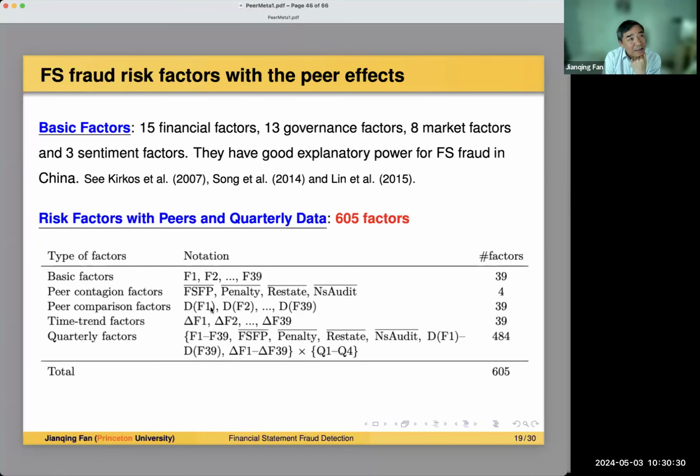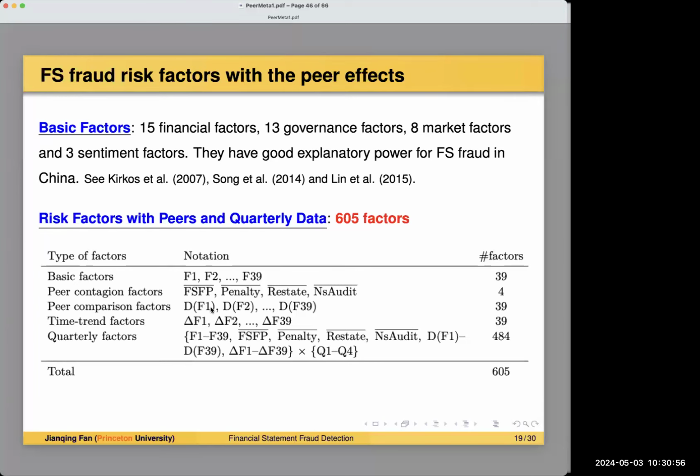It's similar to demeaning the residual. If I belong to group one, I can calculate the group average and how far I am from the group average. I don't think we deliberately excluded the company itself. Okay, thank you.